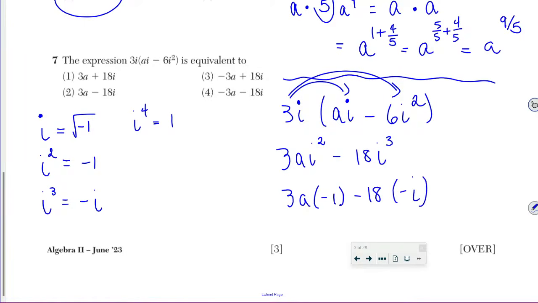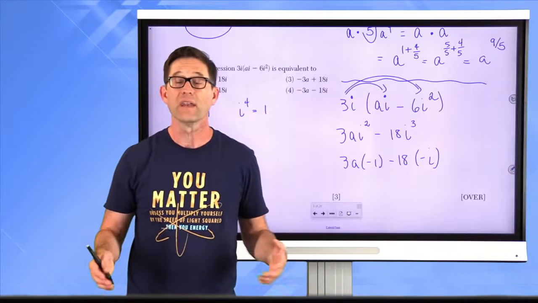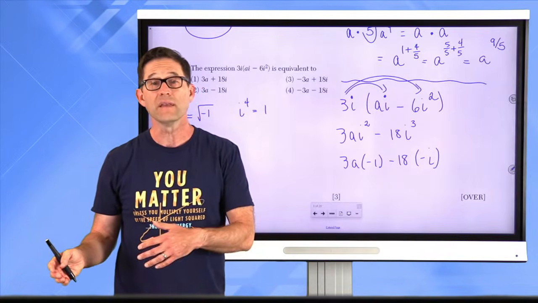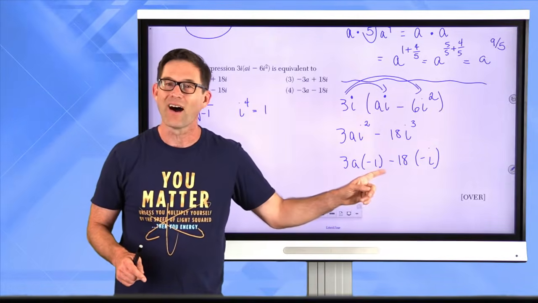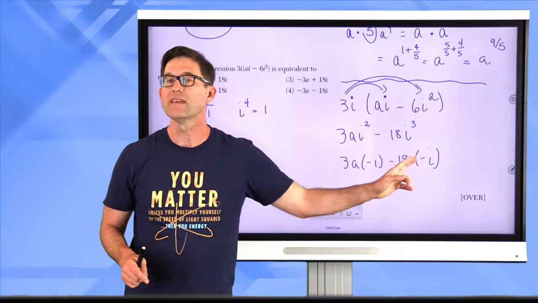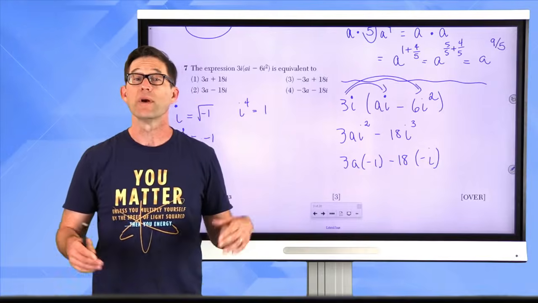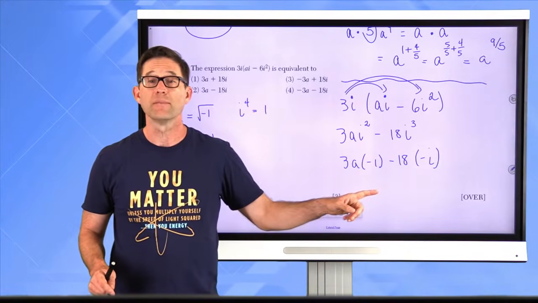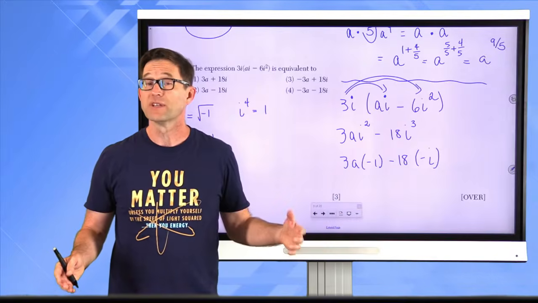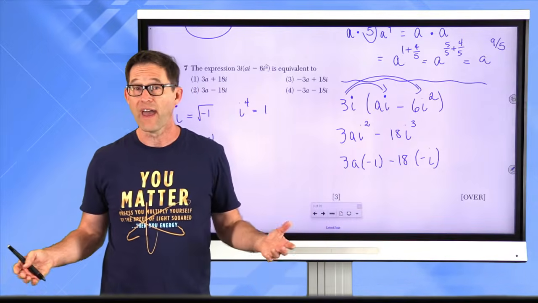And you have to be a little bit careful here, because what you've got is negative 18 times negative i, and that almost looks like it's 18 minus i, but it's not. It's just going to be negative 18 times negative i, which is going to be negative 18. Here, of course, we have 3a times negative 1, which will just become negative 3a.